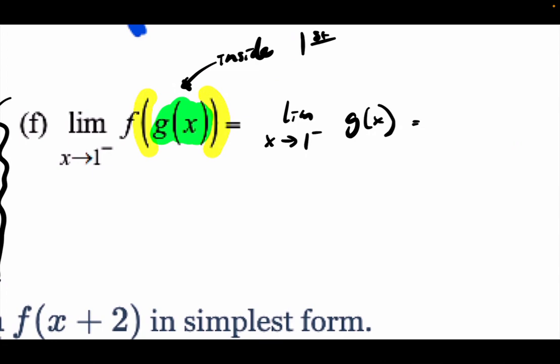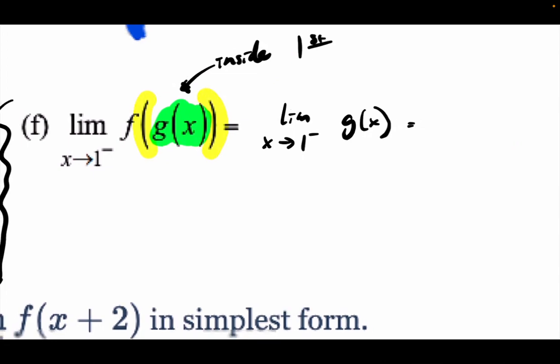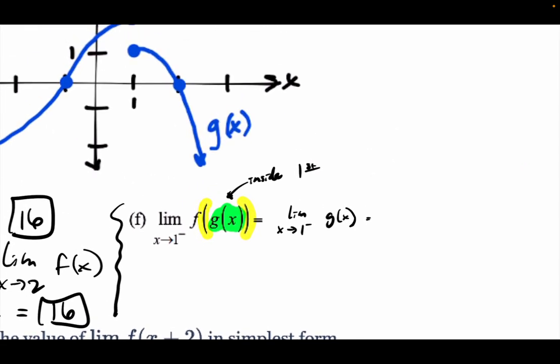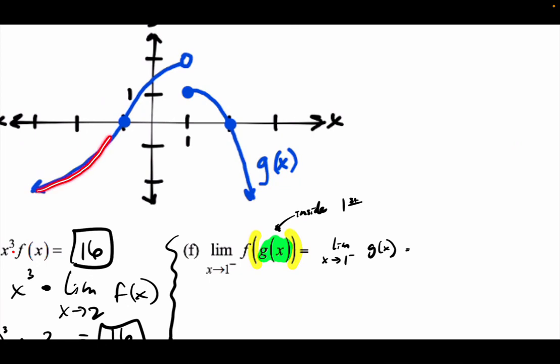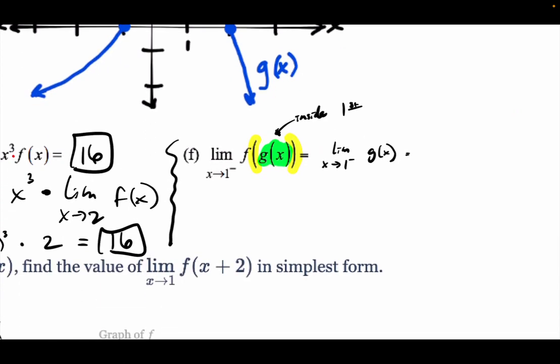I'm not worried about f yet. So what is the limit from the left as x approaches positive 1? It's going to be positive 2, because it's only coming from this side. When x approaches 1, the y value is going to be 2. So this is 2, right? Whatever answer I get, I'm going to plug back in.